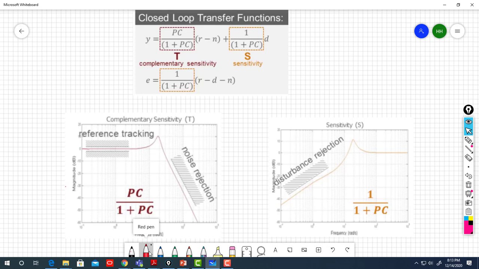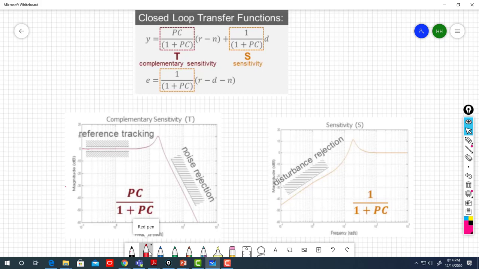So ideally, I want to design a controller to shape my root locus in a way that PC over 1 plus PC looks like this, because in this way I can track my input well and I can reject my noise, which normally is high frequency, while your input, most likely your signal, is low frequency compared to noise.